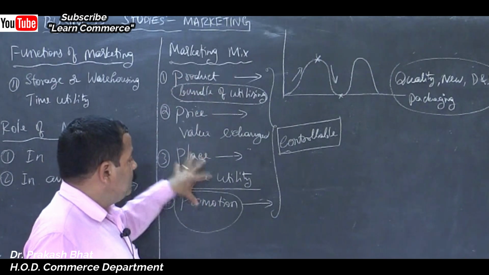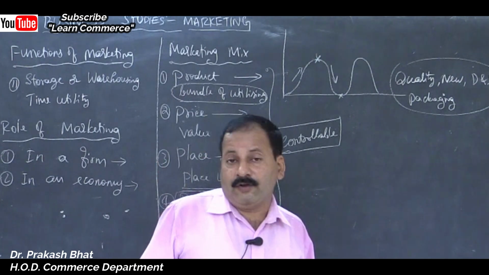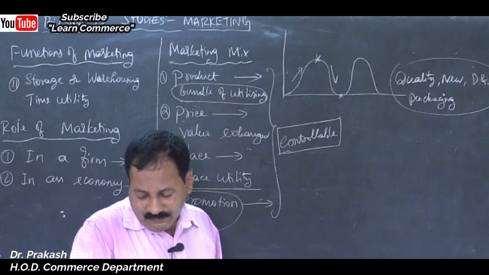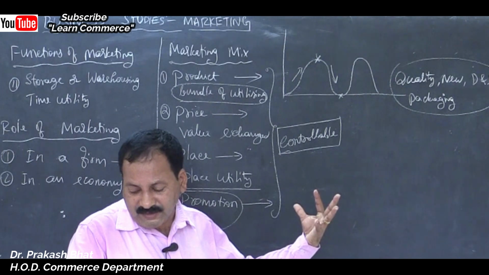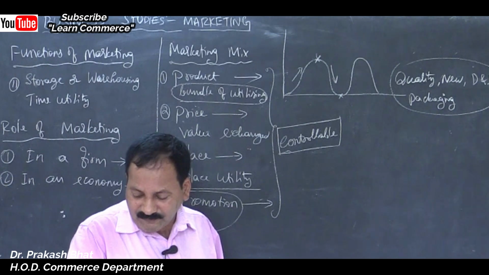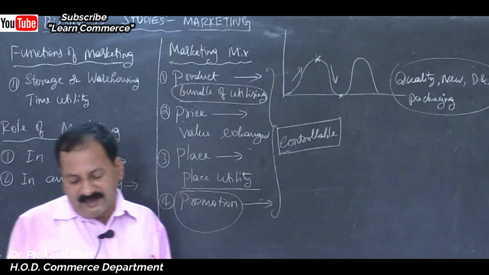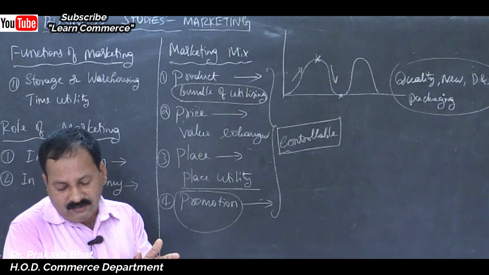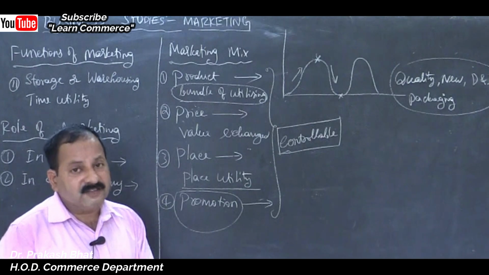So these are the marketing mix elements that decide the future of a firm and the profit earning capacity of the firm. So here price mix includes price level, margin, pricing policy, pricing strategies, price change, isn't it? All this comes under price mix. Then place mix: channel strategy, channel selection, channel members, channel cooperation, physical distribution, all this comes under place mix.